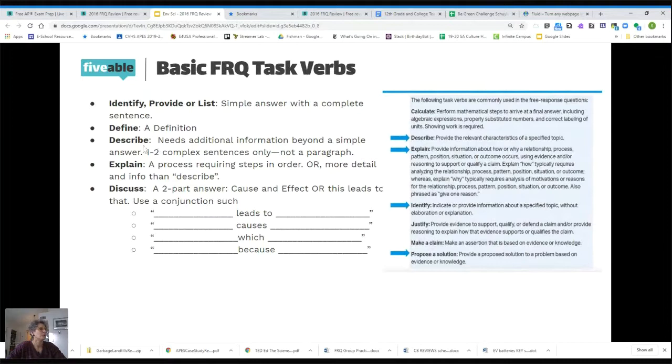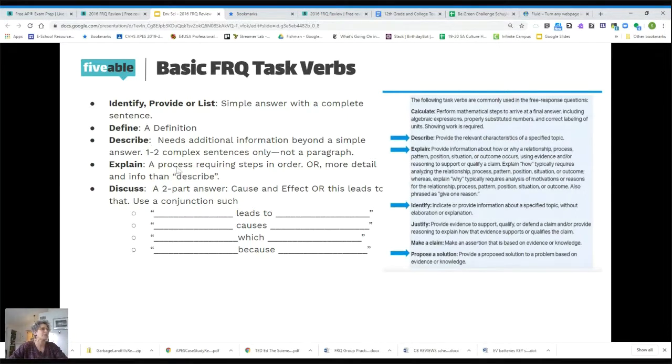And so I think one place where students get into trouble is with describe. It's not a whole paragraph, but it does need to go in depth. You know, like if you described me right now, you wouldn't just say there's a woman on the screen in a pink shirt. You would add details. So adding the key details is really important with describe.